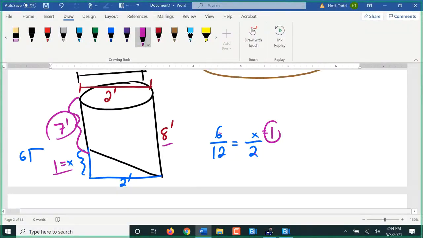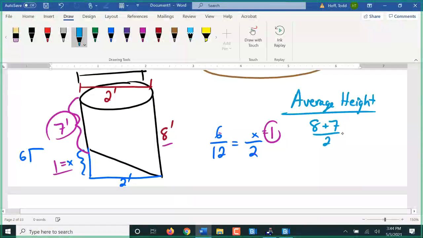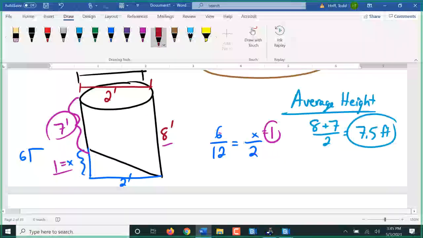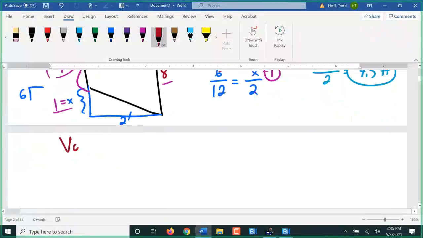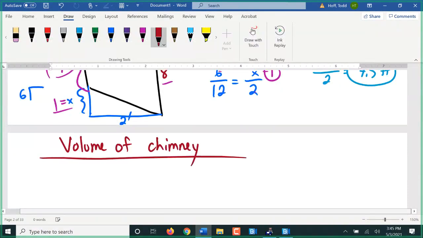Everything else goes off of an average height. Our average height here, 8 feet on the long side plus 7 feet on the short side divided by 2, what's that come out to be? 7.5 feet of average height. I want the volume of that chimney.